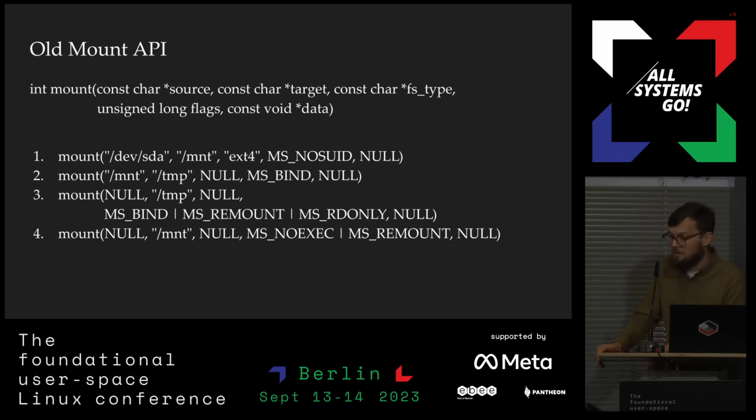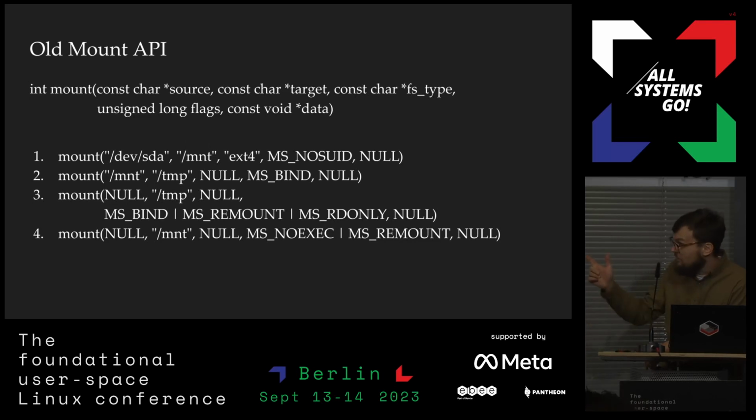Most people will remember the old mount API, I assume, which is just a single system call. It's a multiplexer because it combines a lot of different things. The first one creates a new file system mount, so it really creates a new Superblock, a new ext4 file system.